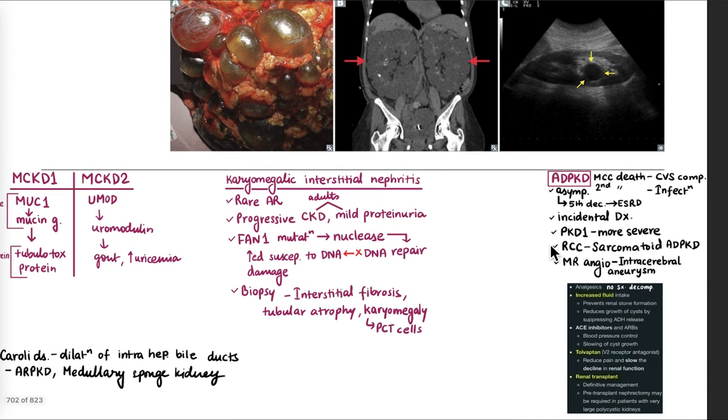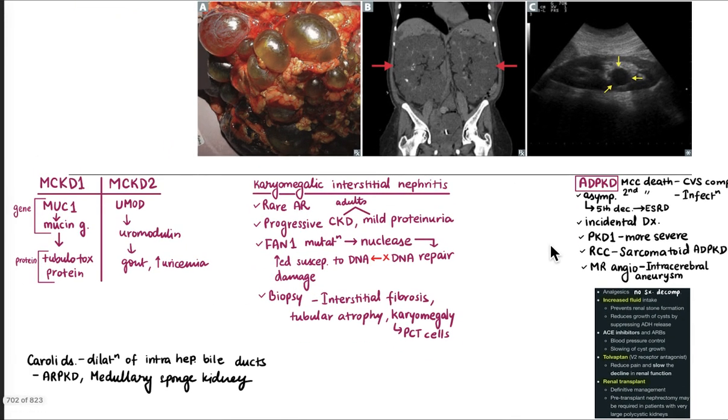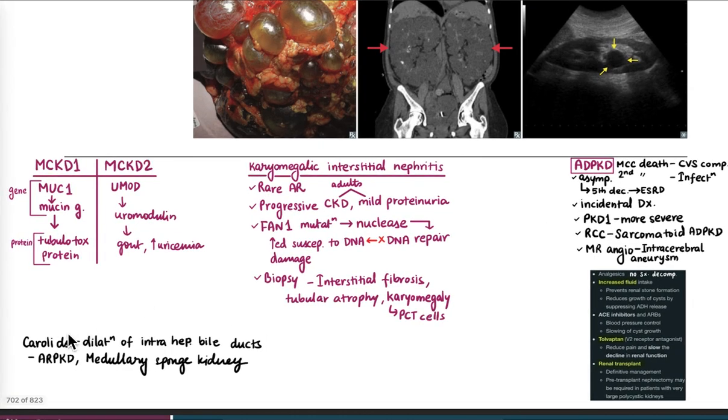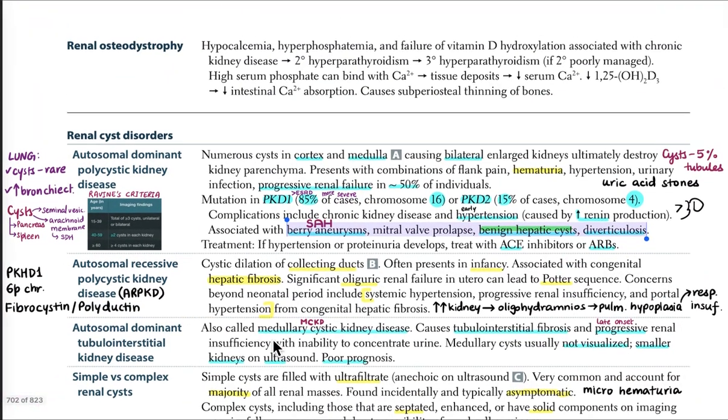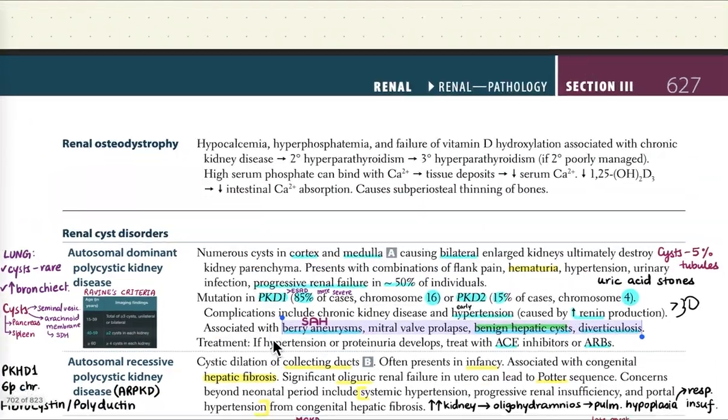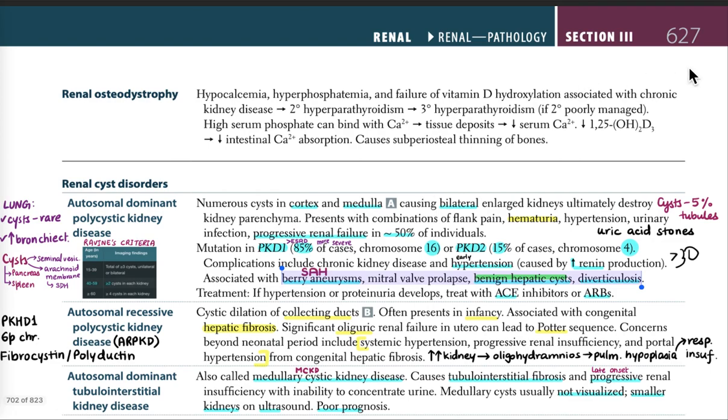I think this much should be enough. And another association is Caroli's disease, dilatation of the intrahepatic biliary duct. It is seen in ARPKD and medullary sponge kidney. So I guess this much is enough for this page number 627.